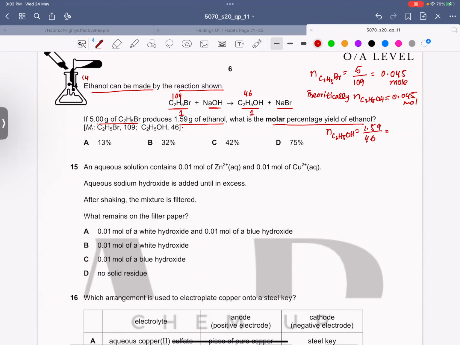So can anybody tell me the practical value of the moles? Yeah, it's 46. 0.0345. So these are the practical values. To find the percentage yield, we divide the practical value over the theoretical value and multiply by 100 to get the percentage.